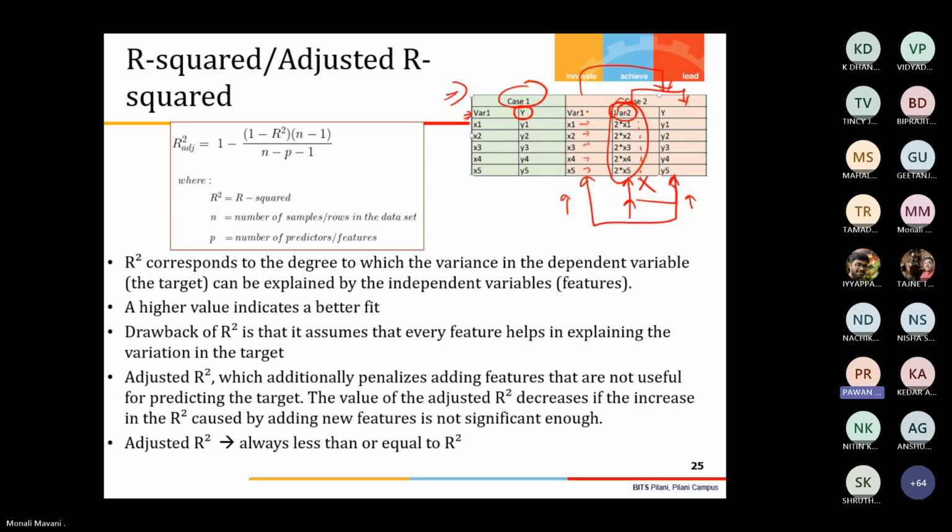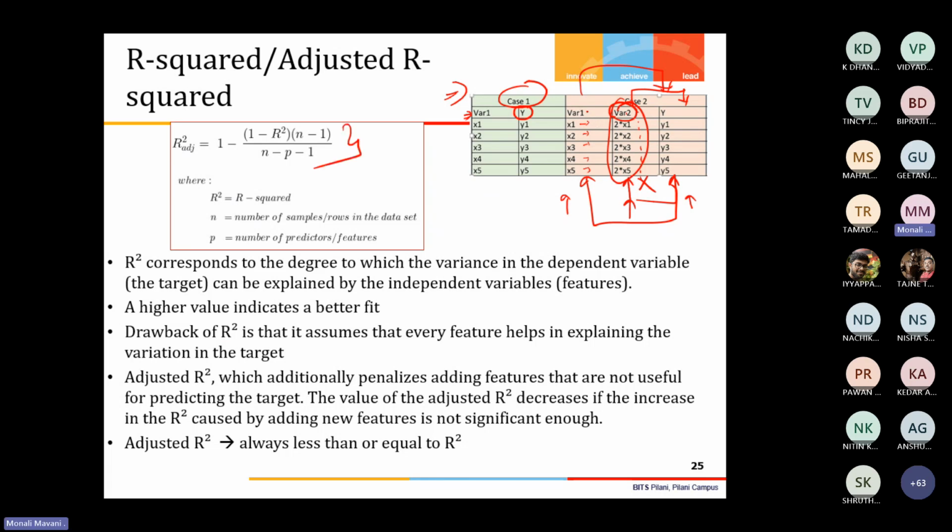Yes, because it's simply multiplied by 2. When the variable 1 value increases, the variable 2 value will also increase. It's directly proportionate. So such highly correlated features will not help us in improving the prediction. It will unnecessarily increase the cost in terms of computation and time. So our adjusted R-square value will help us to identify that.